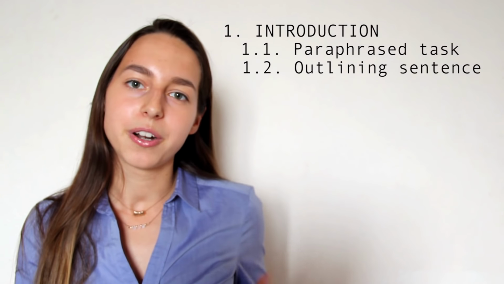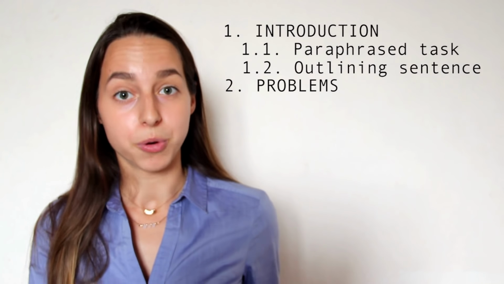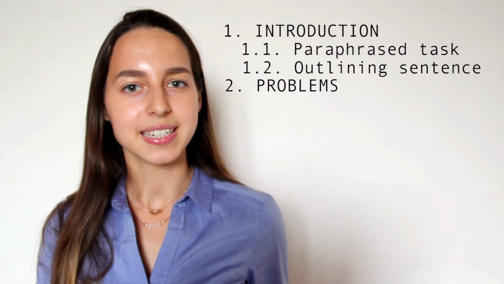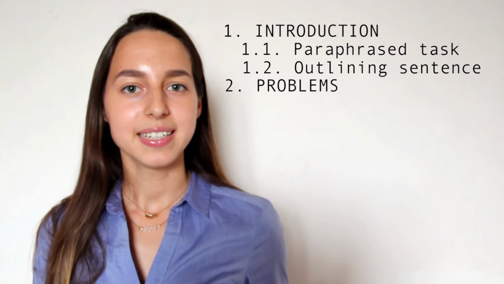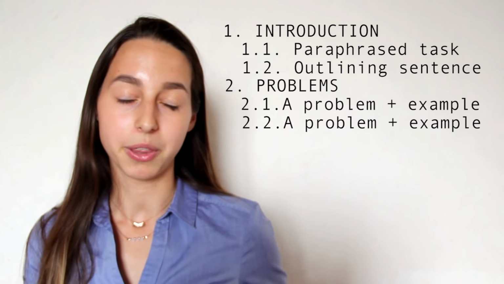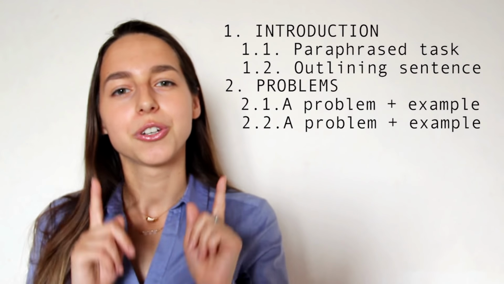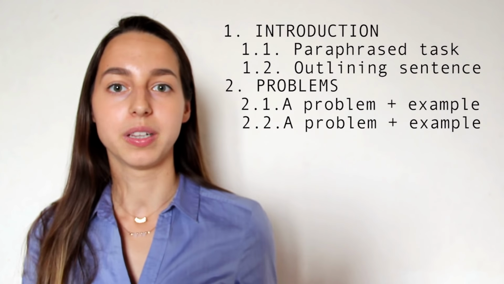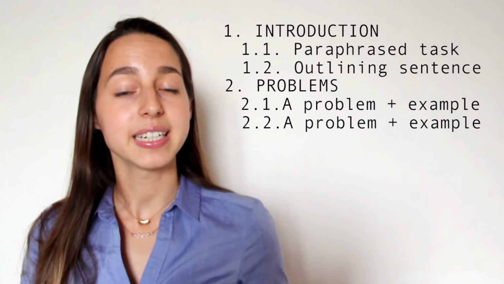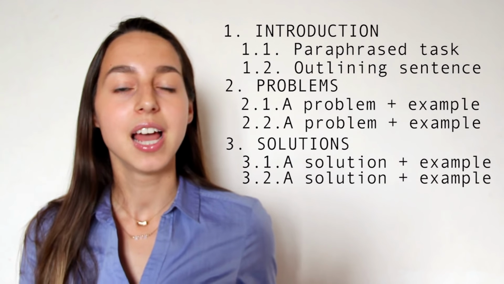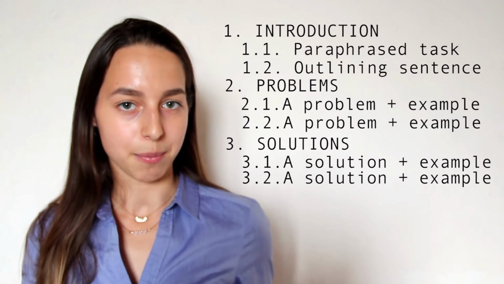Then, in the second paragraph, you will have your problems. Here, you might write only about one problem in your whole essay, or you might identify a couple of them, maybe 3 or 4, but make sure you're staying within the limits. You will describe them and give examples. Then the third paragraph is naturally dedicated to solutions. Again, you will be describing them and giving examples.